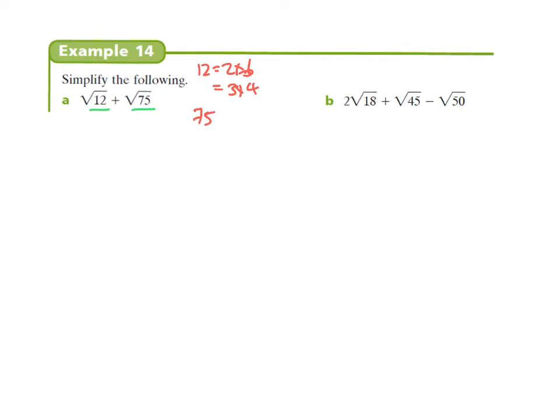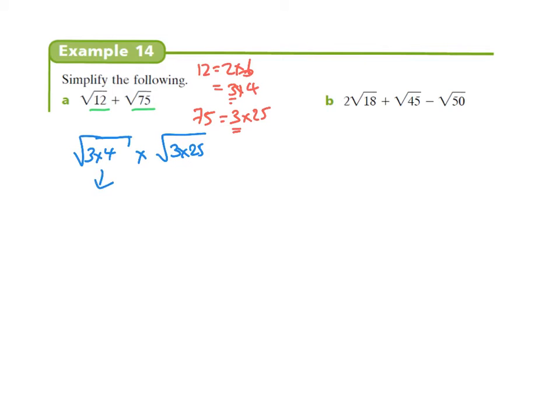And 75, we can do 3 lots of 25. So I can see 3 is a common factor of both. So let's use 3 times 4 for this one. Now make sure the surd sign goes all the way across the 3 and the 4, multiplied by 3 times 25.